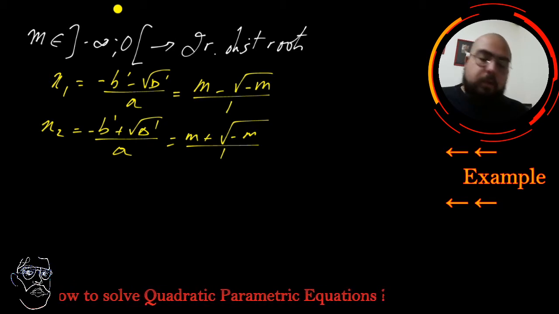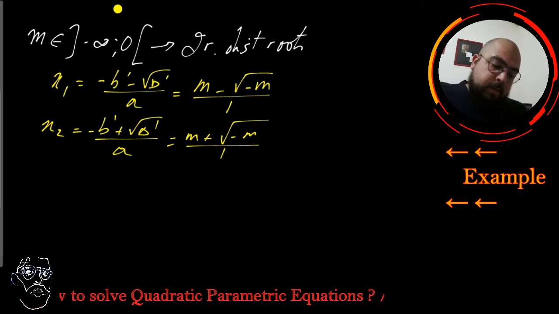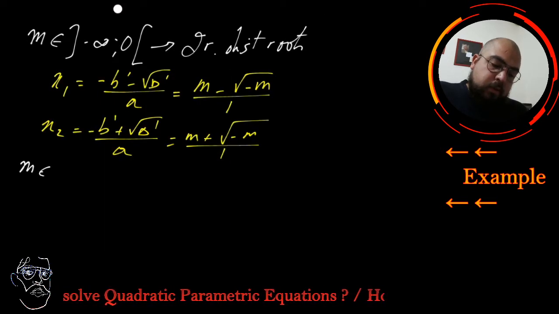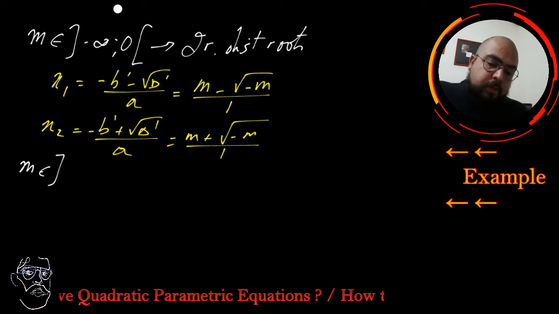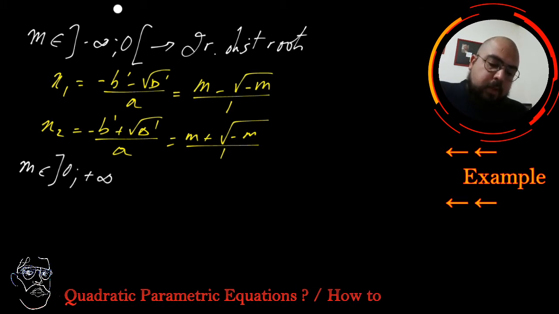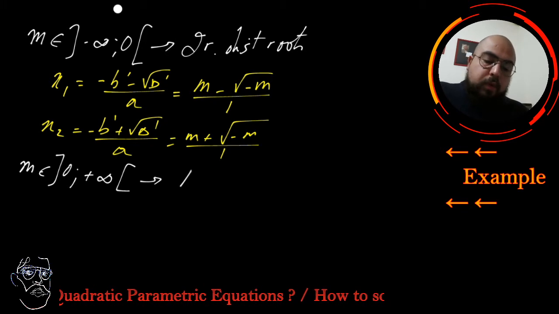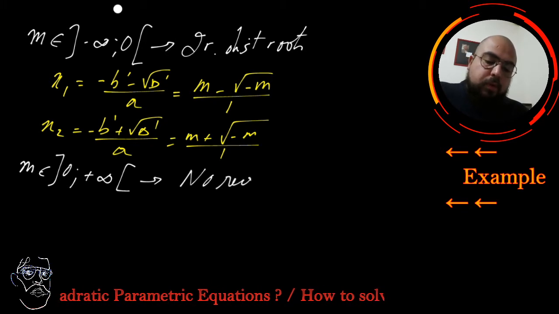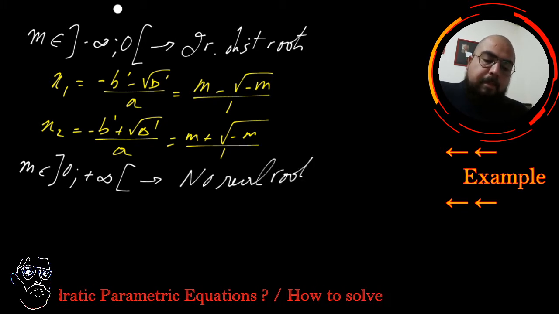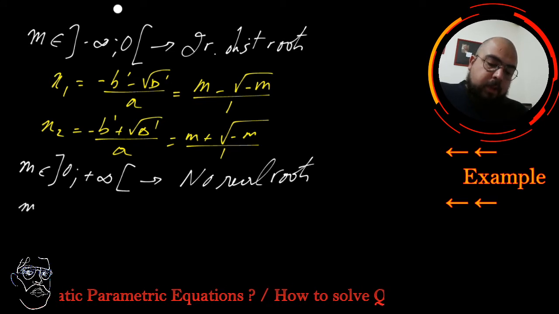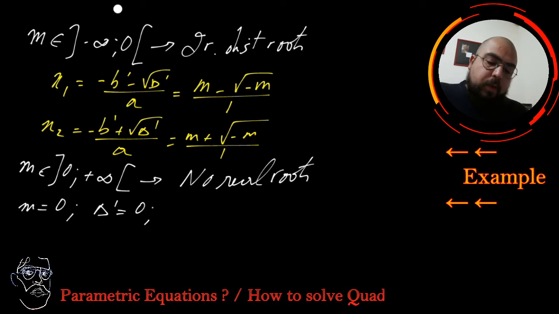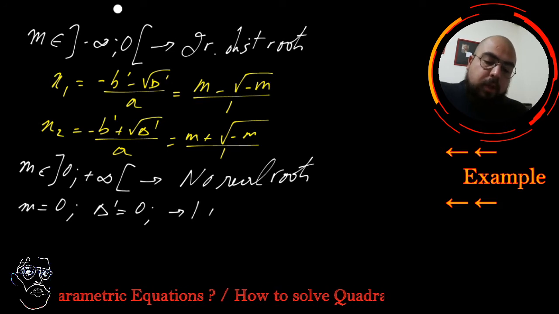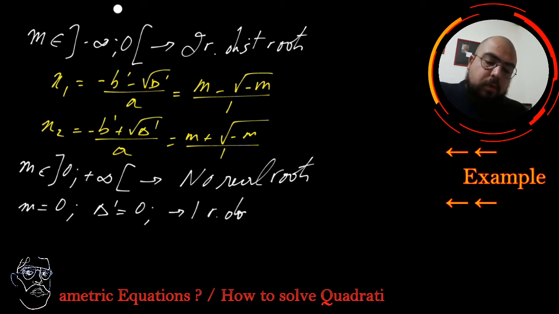Now, whenever m belongs to the interval from 0 to plus infinity, I will have no real roots. And whenever m is equal to 0, which means delta prime is equal to 0, I will have one real double root.